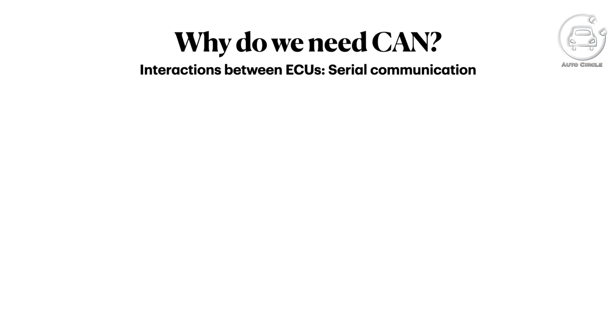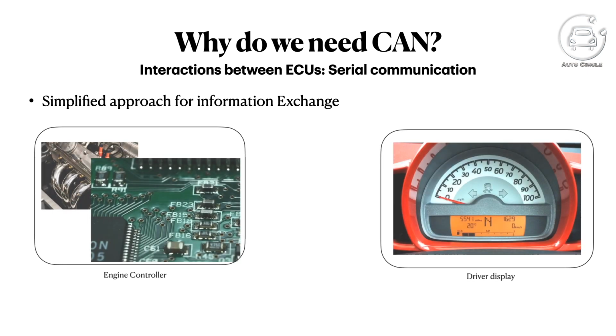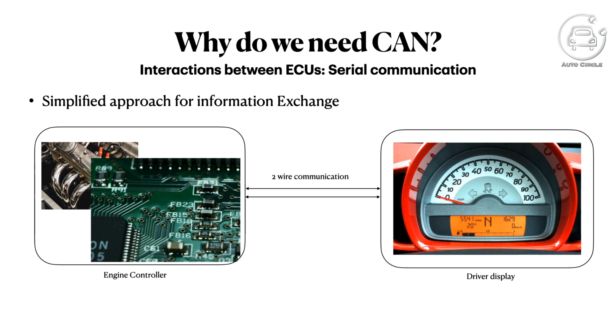Let us see how it makes life simpler. So we have the same engine controller on the left and we have the same driver display on the right. And in between what I have is just two wires required for my communication. Now this two wire serial communication is sufficient enough for all of the information exchanges.